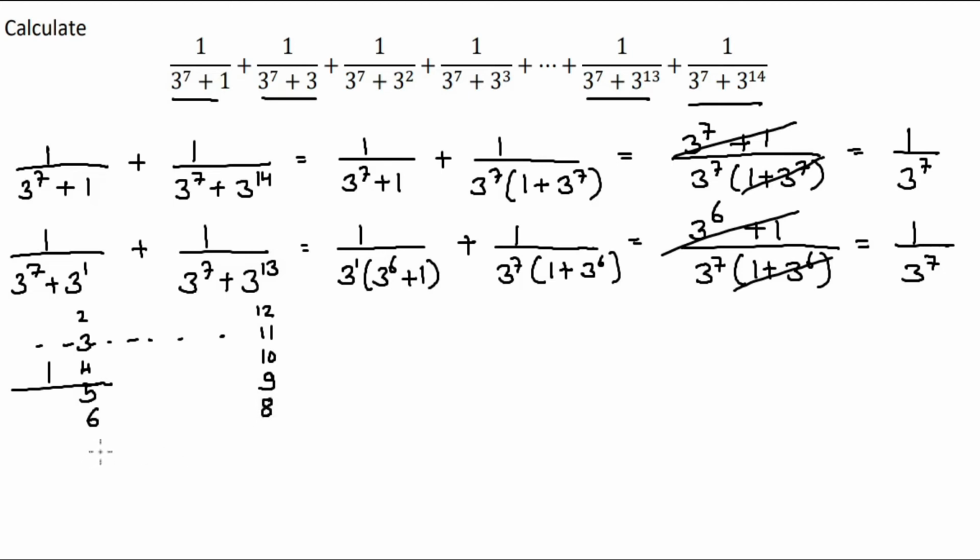Then comes 7, but 7 is only one, so we can write it as 1 over (3 to the power of 7 plus 3 to the power of 7), which is exactly 1 over 2 times 3 to the power of 7.